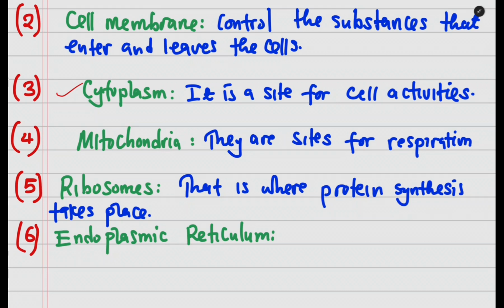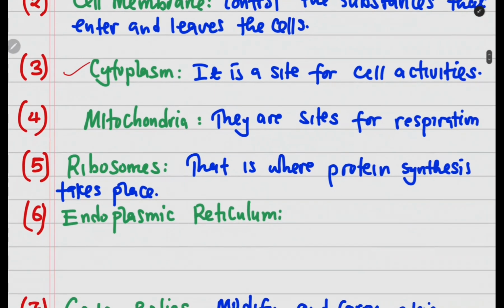Then let us have a look at the endoplasmic reticulum. What are the functions of the endoplasmic reticulum? From where we are coming from, we know that there are two types of endoplasmic reticulum, the smooth and rough endoplasmic reticulum.